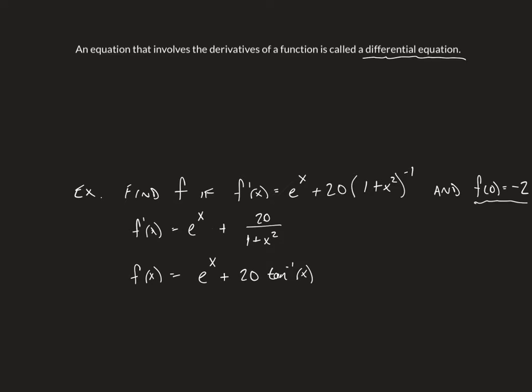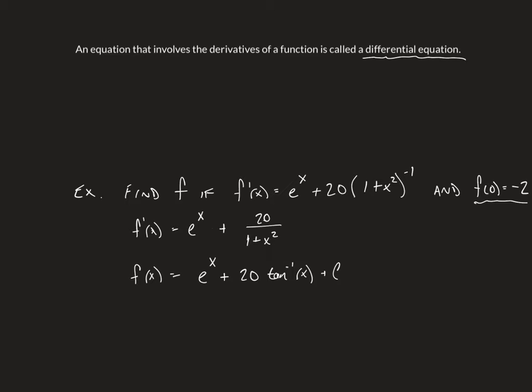All right, so then the last thing that we've been in the habit of doing is putting plus c over here, because there could be a constant, right? And that's where this piece of information they gave us about f of 0 comes into play. Because if I know that f of 0, plugging in a 0 here, gives me negative 2, then I can use that information to solve for c.